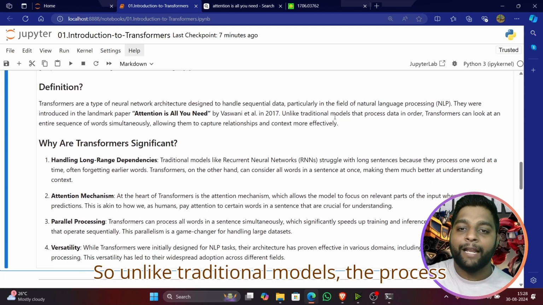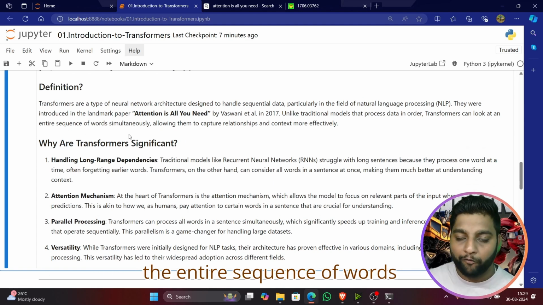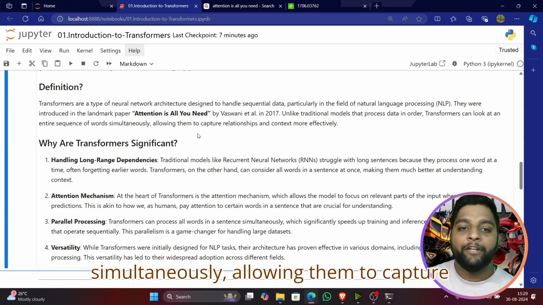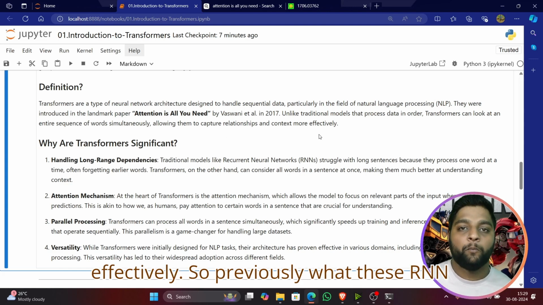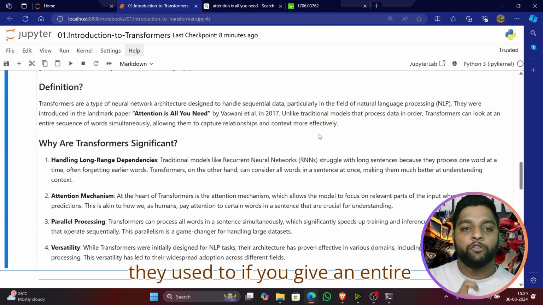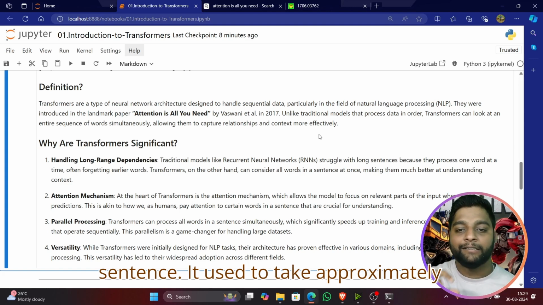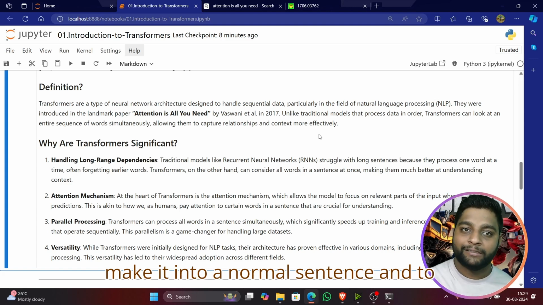Okay. So unlike traditional models that process data in order, transformers can look at the entire sequence of words simultaneously, allowing them to capture relationships and context more effectively. Previously, what these RNN models used to do was one word at a time. If you gave an entire sentence, it used to take a long time to understand one word at a time and process them again to make it into a normal sentence.